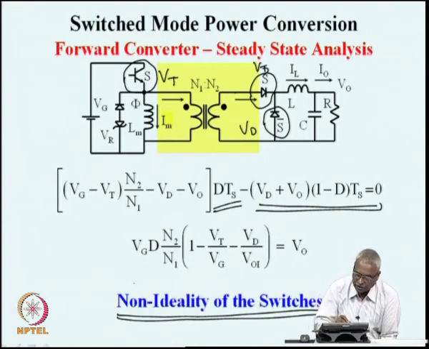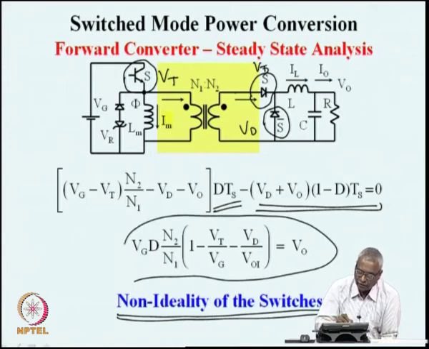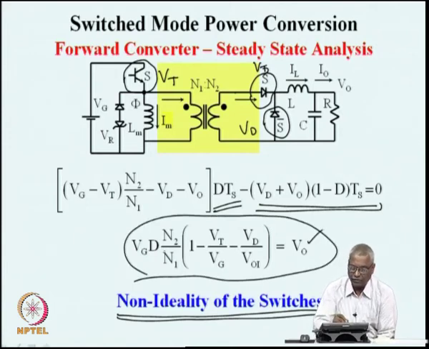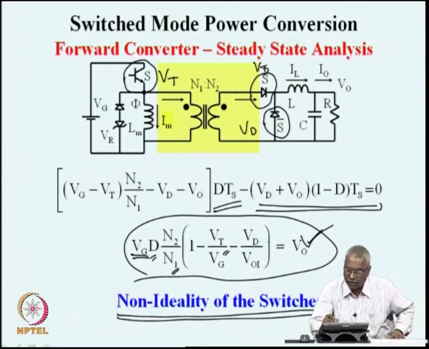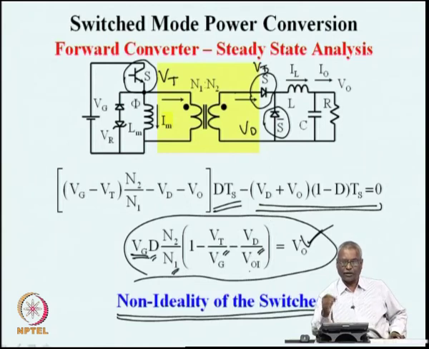So, from this it is possible to relate Vg in terms of V0. Vg is now a function of V0 through several variables. They are duty ratio, turns ratio N2 by N1, and then the conduction ratio of the transistor, Vt by Vg, and similarly the conduction ratio of the diode, Vd by ideal output voltage.